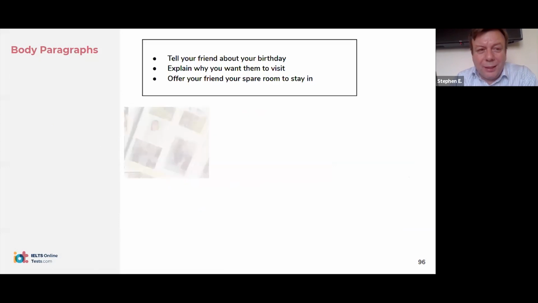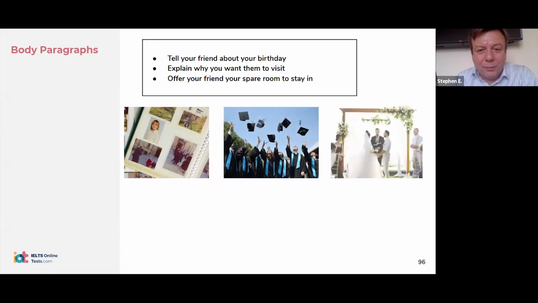So let's have a look at our body paragraphs again. So we've got a few images. It would be great if. So how do you think you would complete that? It would be great if you can make it over.